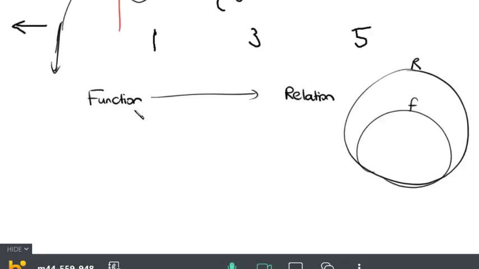So what is a function? You can do a very simple test called the vertical line test.